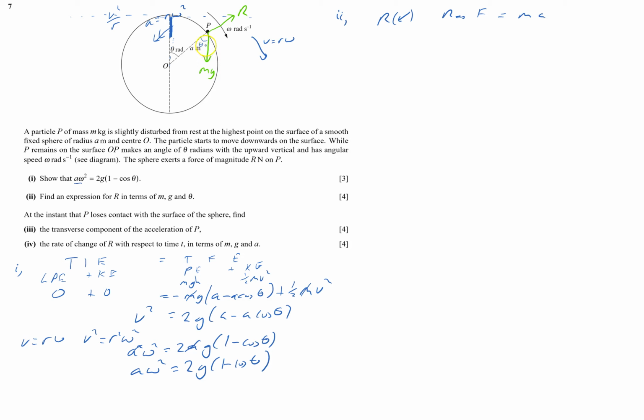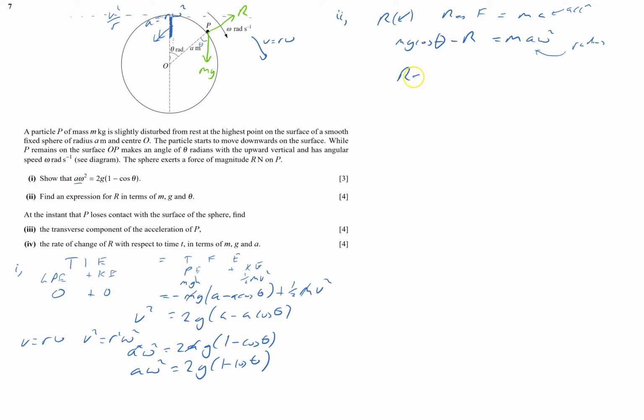It will be mg cos theta minus R, and that equals the mass, and the acceleration is R omega squared, and so r is in this case a, so that'll be a omega squared. I suppose to make it clear to you, that's the acceleration, that now is the radius.